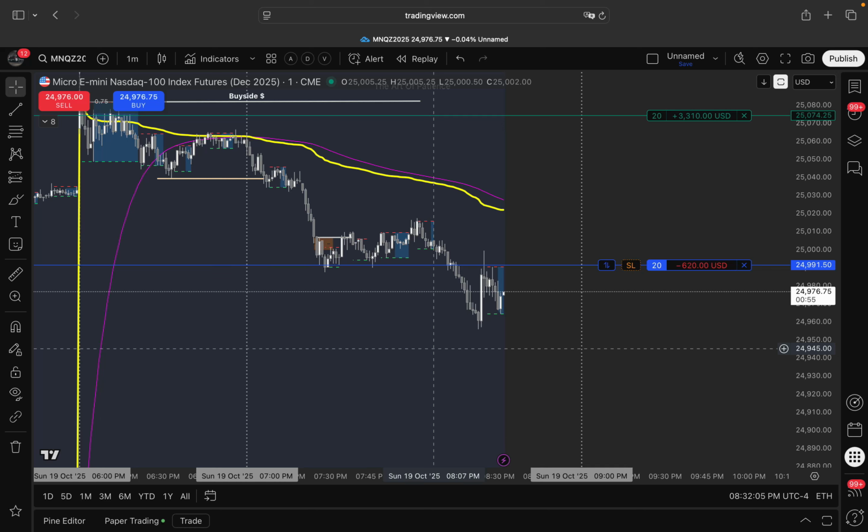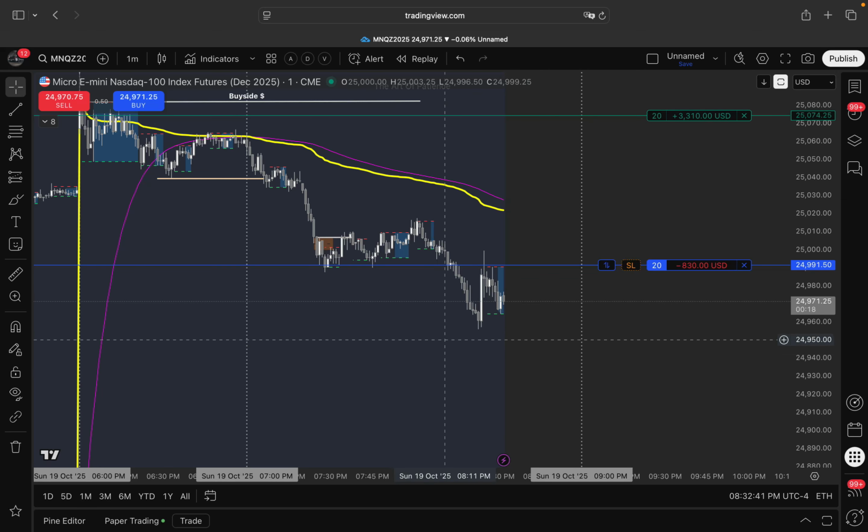After 7 p.m., you wait for that liquidity that formed between 6 p.m. and 7 to get swept in order to determine the direction that you will be trading. So you'll know for sure if it's going to be a buy or if it's going to be a sell. You can profit both ways. You can profit when price is going down, or you can profit when price is going up. So this is the beauty about trading futures, is that you can profit when the market goes down or when it goes up. Okay.